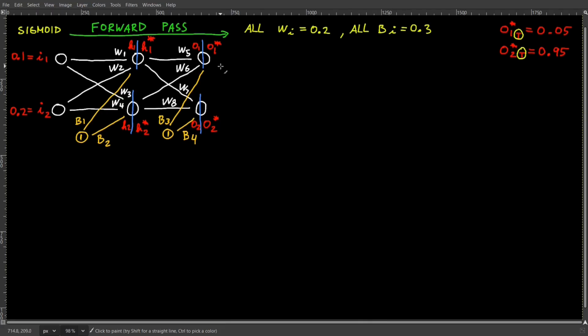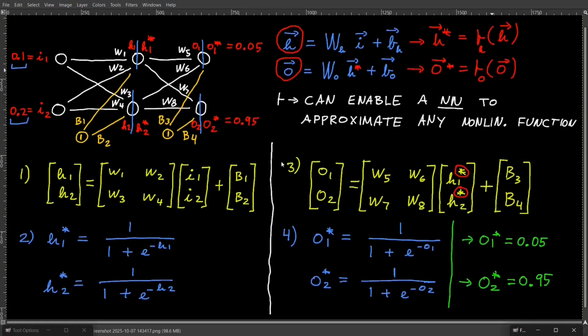This is called forward pass. We will be using the same 4 stages as was shown in the previous video. Only now, of course, when we initiate our weights and biases with some values, our outputs at the beginning will not be these values. These were our target values. We will initially have other numbers for the real outputs.